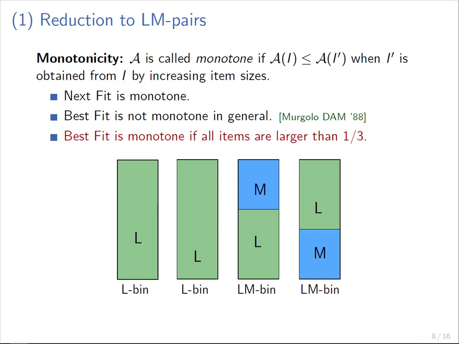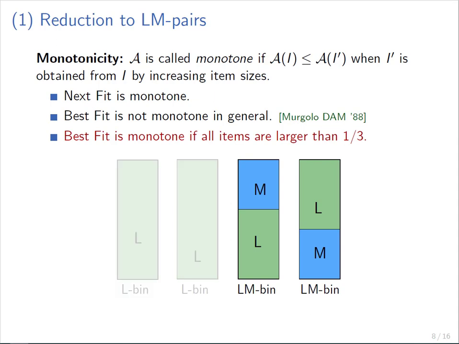Okay, and by this step we obtain an instance where each bin is either an L bin, where the L item has size 1, or it is an LM bin containing 1 L and 1 M item. So the last step is to argue that we can discard the L items, but this is easy to see.